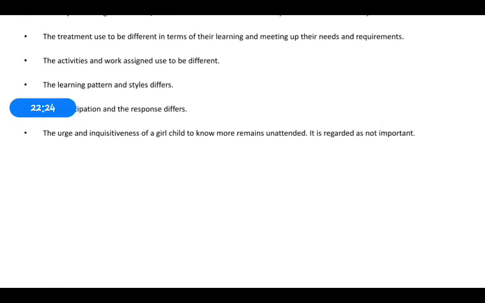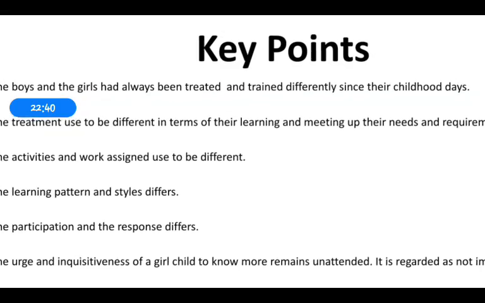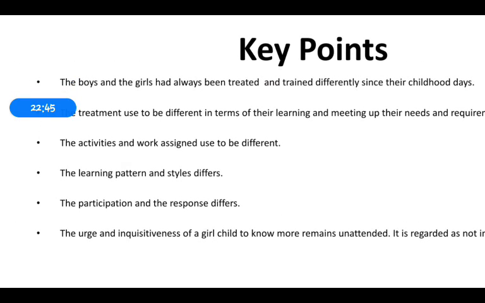Now, there are certain key points that we have to take into account. Let's see. The first here has been pointed out as the boys and the girls. Talking in terms of gender, the boys and the girls have always been treated and trained differently since their childhood. Since the child has been born, we treat the girl as if a certain behavior is expected on the part of the girls and certain behavior on the part of the boy.